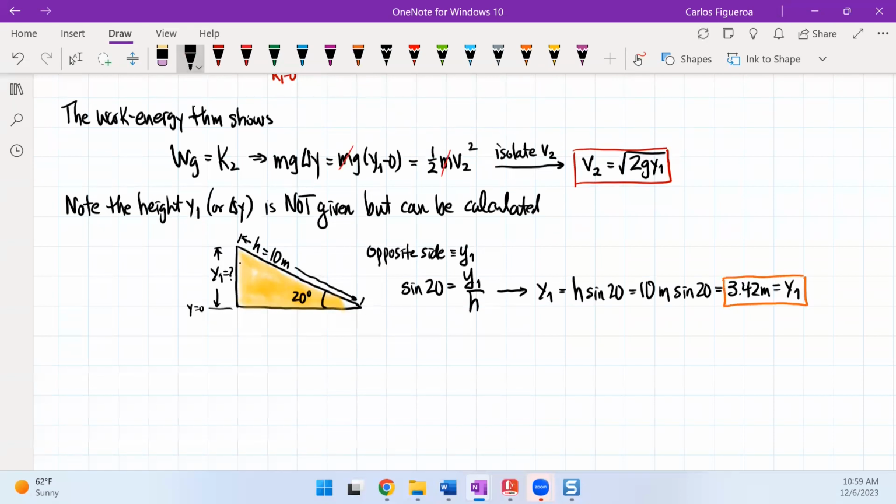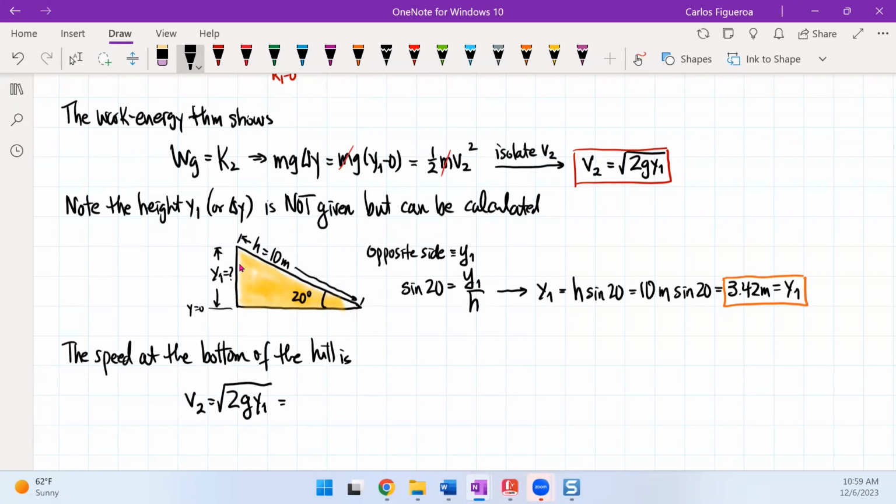Now I can go back and solve for the speed at the bottom of the hill. v2 is the square root of 2 g y1.